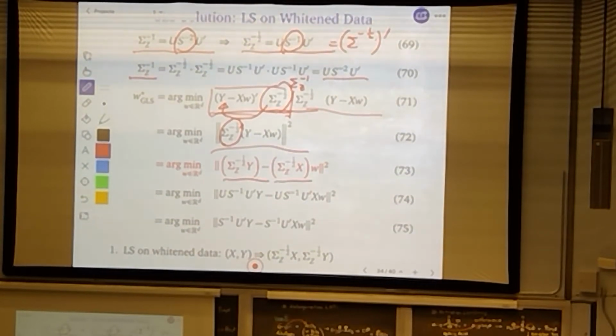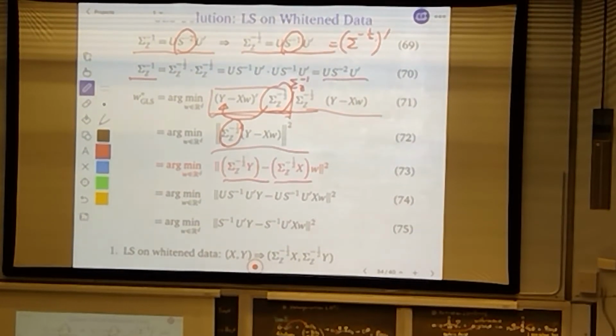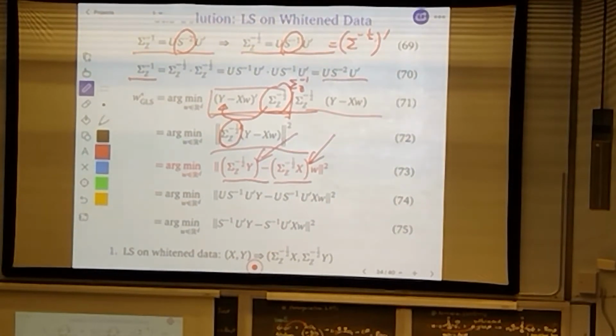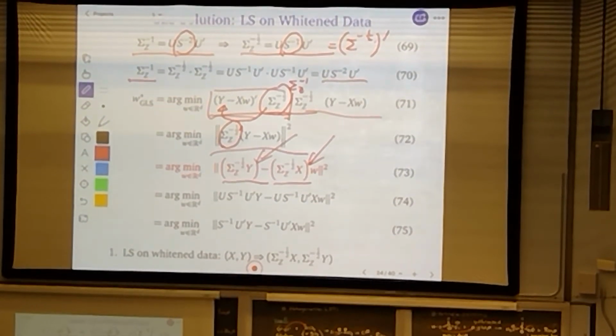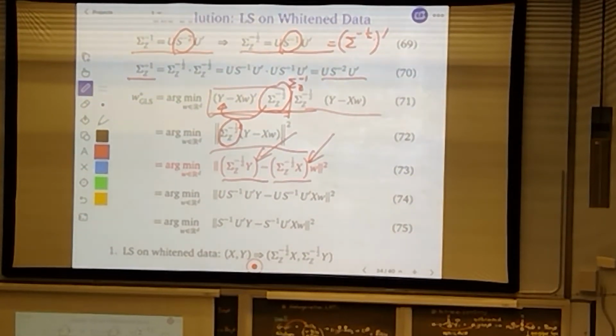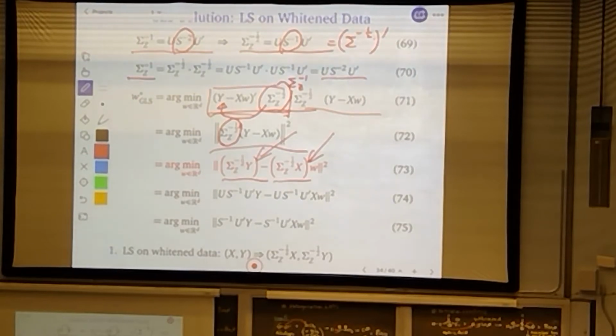And so essentially I have sigma minus half times y and sigma minus half times x. And in a way, you can think of it as, after I apply this transform, the data is completely whitened. The noise model is IID, with unit norm, standard deviation of 1. Okay, it's a different way of looking at this.